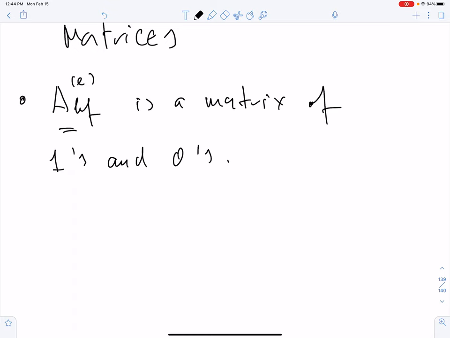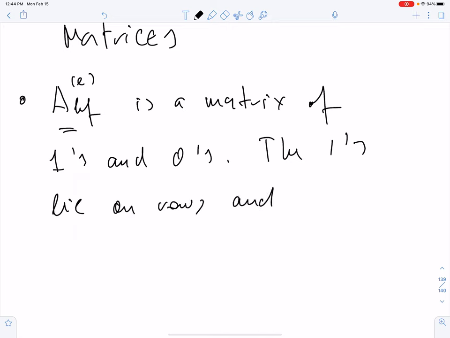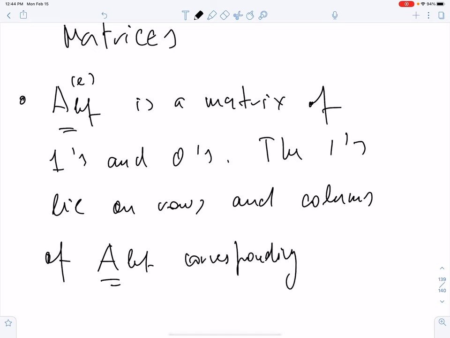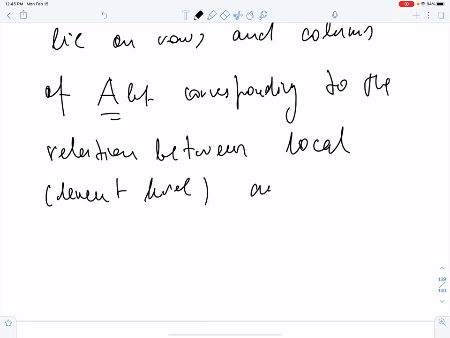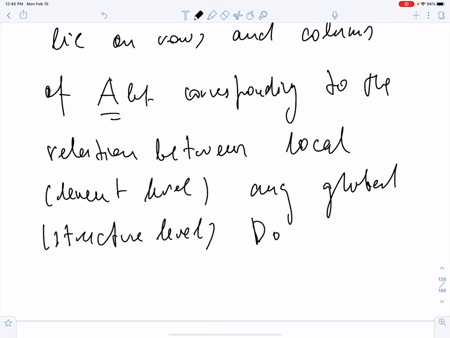Another observation is that the ones lie on rows and columns of ABF corresponding to the relation between element level, or local, and global, or structure level, DOFs.